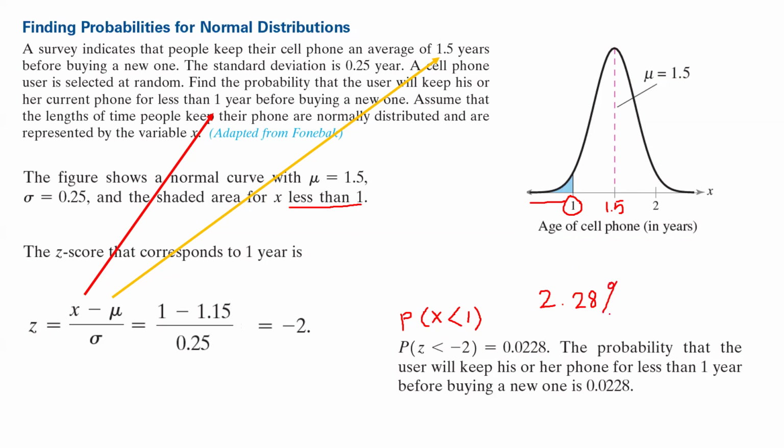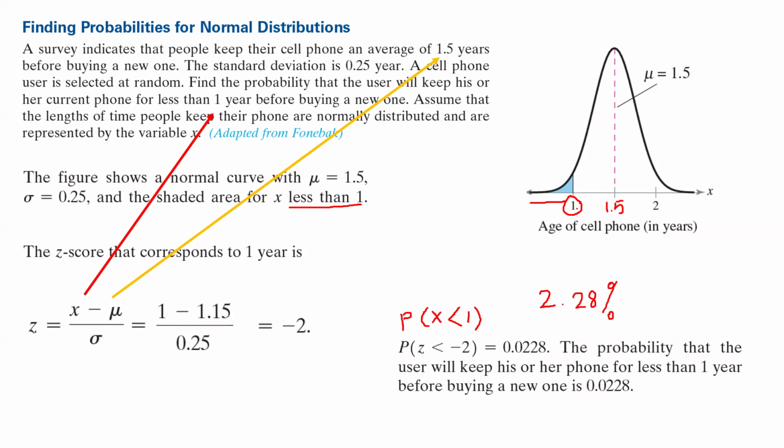This is a very small probability. You can compare it with the average as well. The peak is around 1.5 years. So if it says, what is the probability that people keep their phone less than 1.5 years? It's going to be this area, which is 50%.